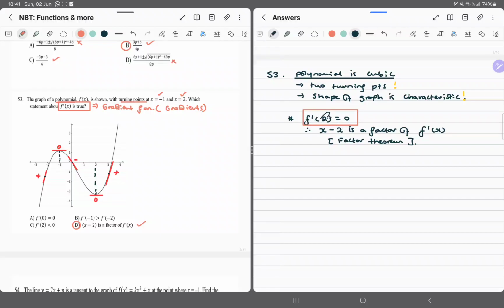If you substitute any value into a particular function and you get 0, it means x together with the negative sign of that number will be a factor. It means that when you factorize that expression, this becomes one of the factors, essentially.